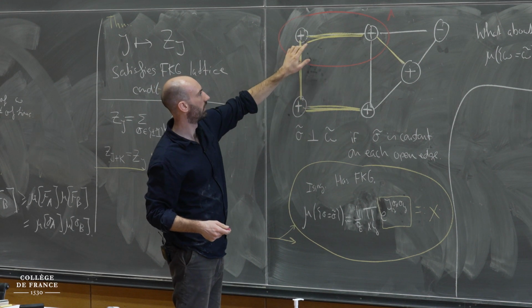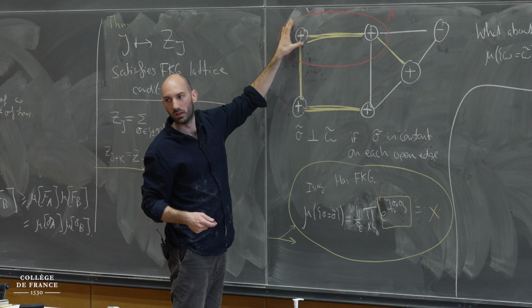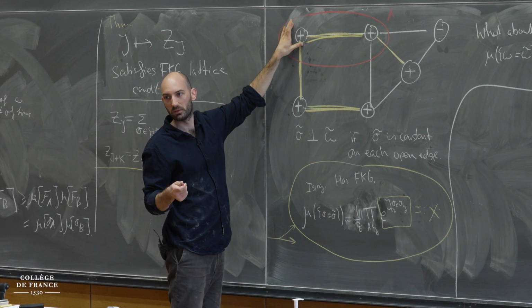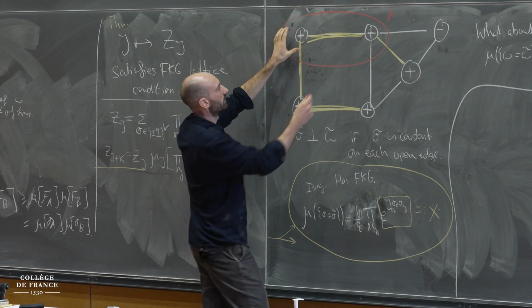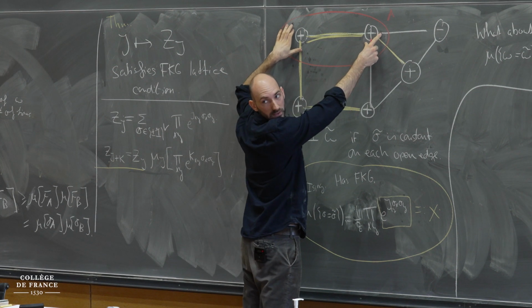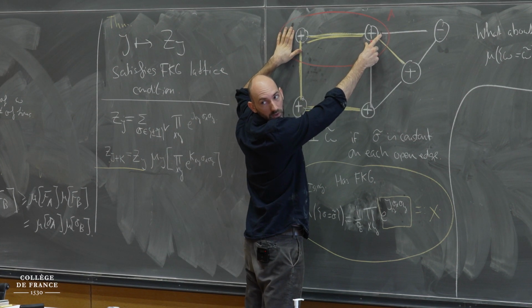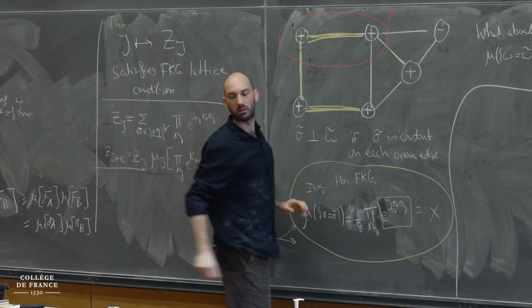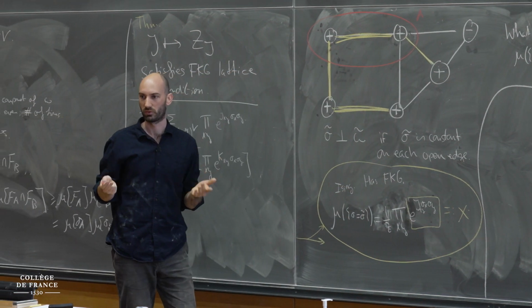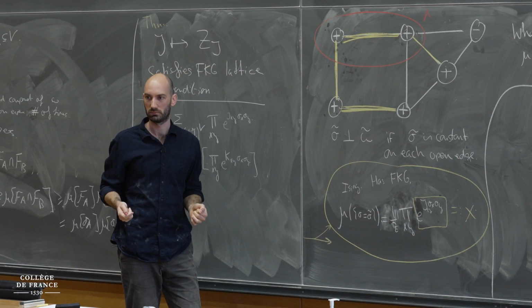Because if I pick a vertex in A, it may contribute positive and negative. But because those two are connected, I know that their spin is always the same. So I'm certain that they always contribute +1 in total.